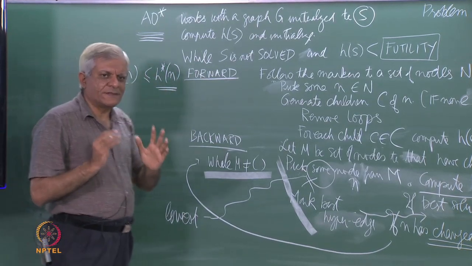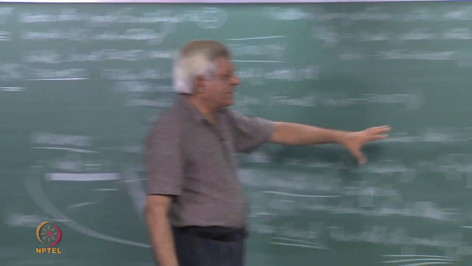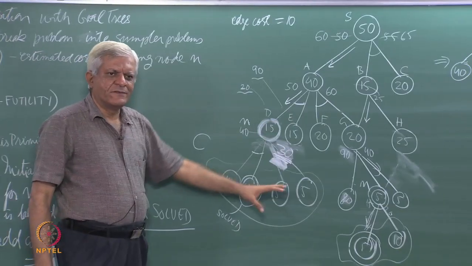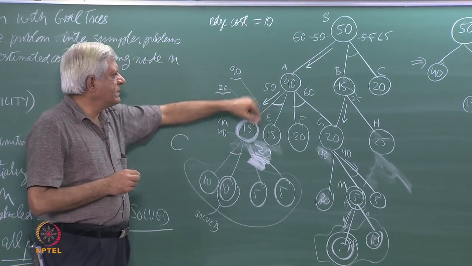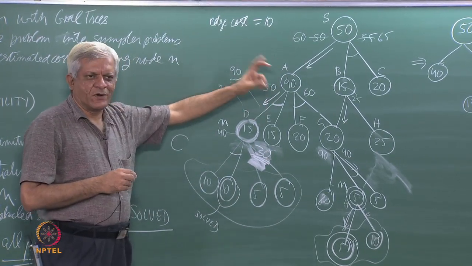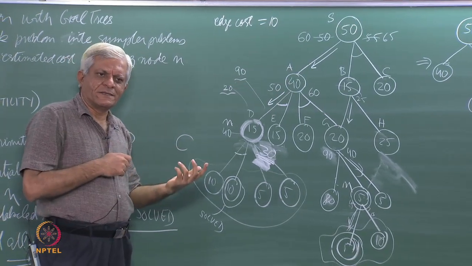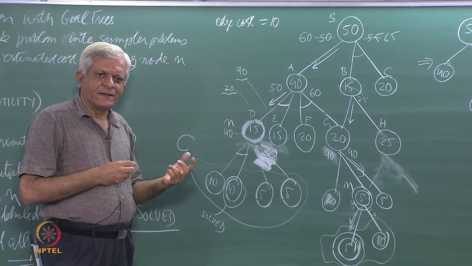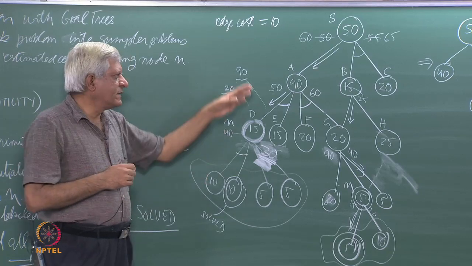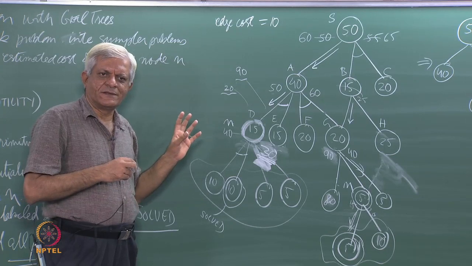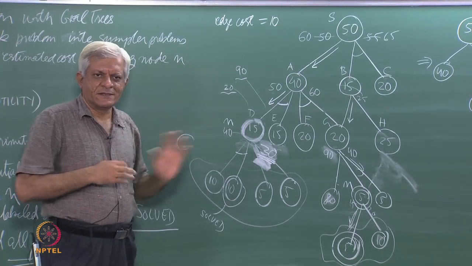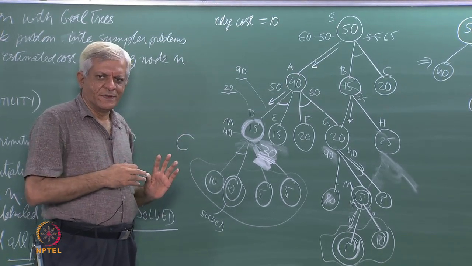So, as an exercise, I will ask you to construct a small problem, like this, with some leaf nodes, and you can manipulate the edge costs to make it underestimating or overestimating. First work with an overestimating function, and you will see that it gives you some solution which may not necessarily be the optimal solution.